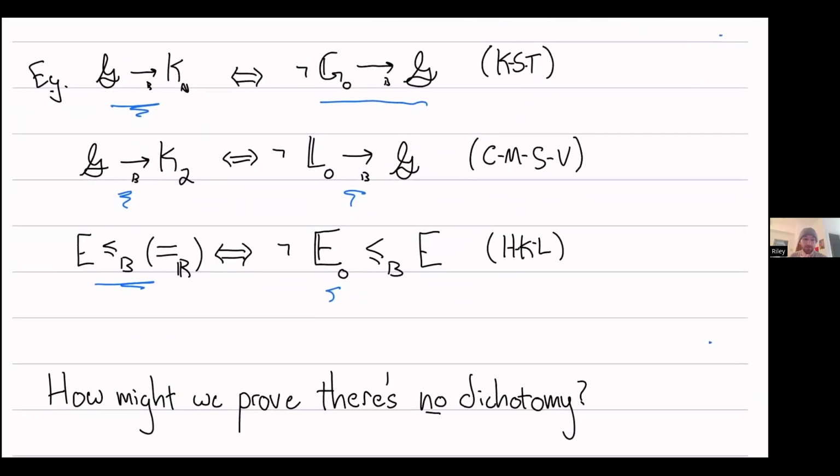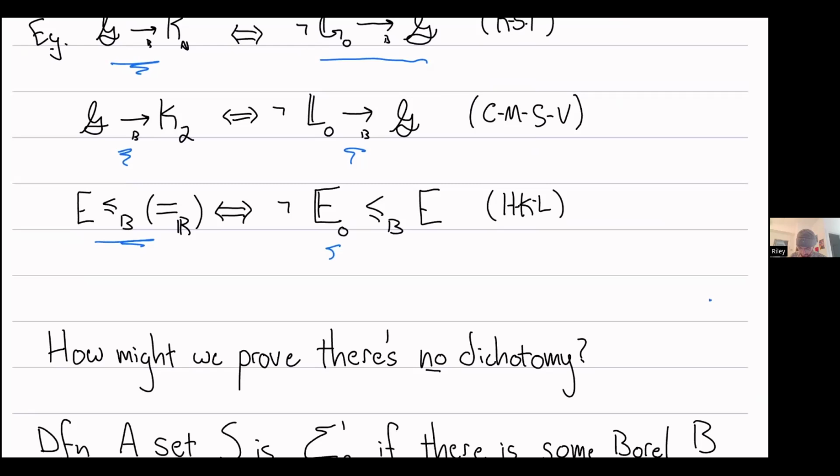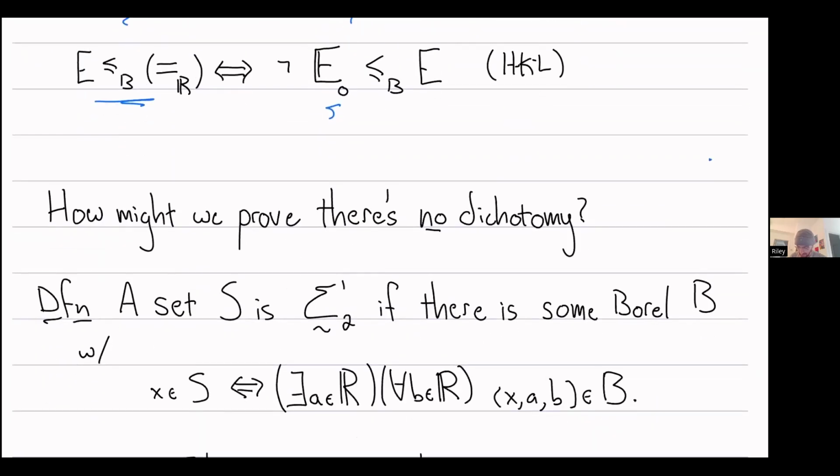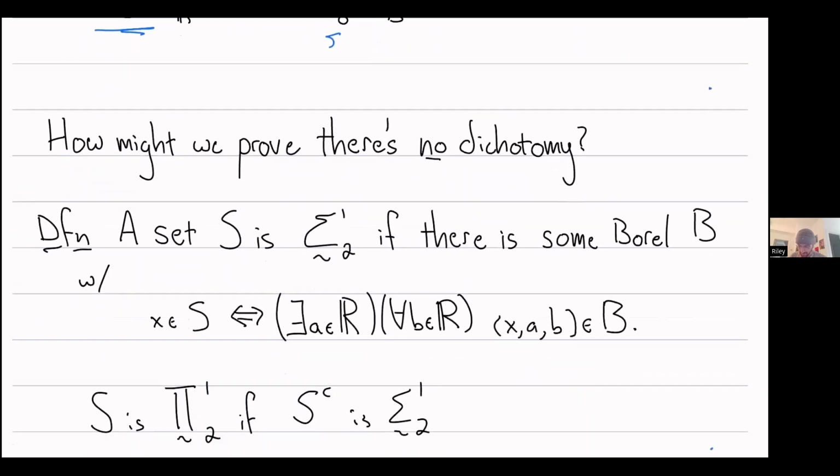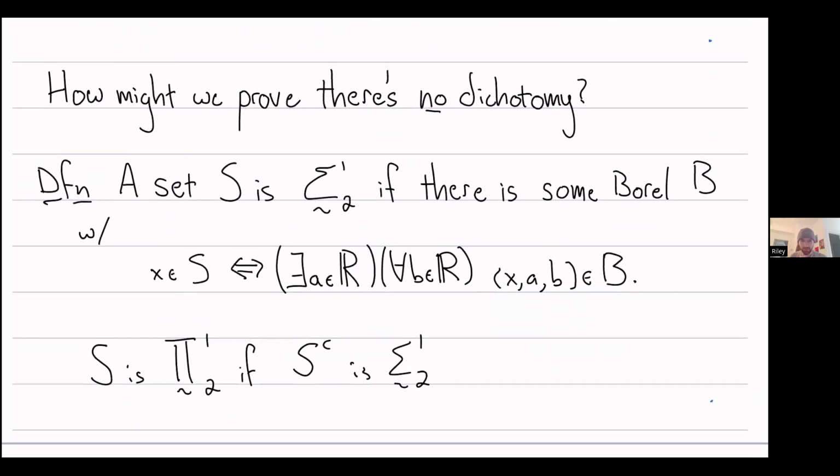One way to do this is with complexity. The relevant measure of complexity here is something called projective complexity. This is a quantifier-counting complexity, where we count quantifiers over the reals or over continuous spaces.